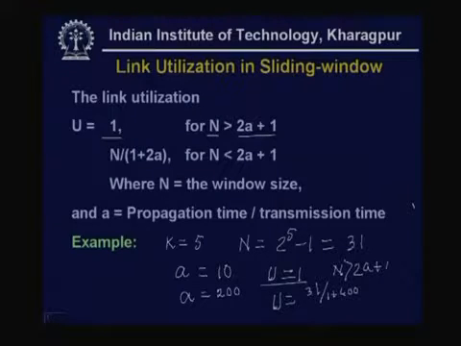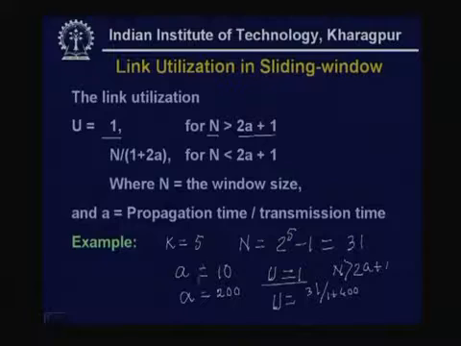So you see that whenever N is greater than 2a plus 1, in such a situation, sliding window protocol is capable of sending continuously almost without waiting, because we have seen that it maintains a window.